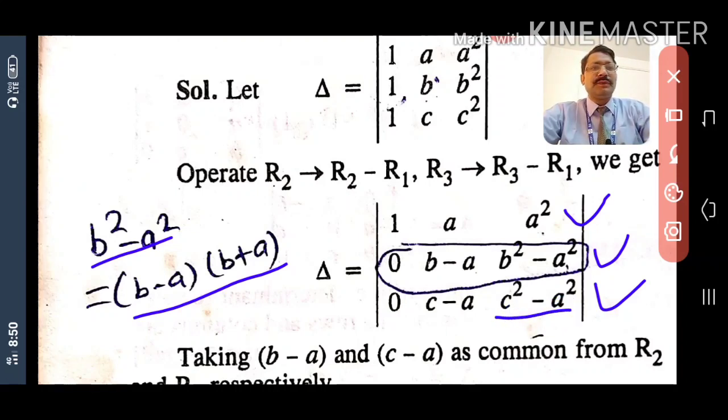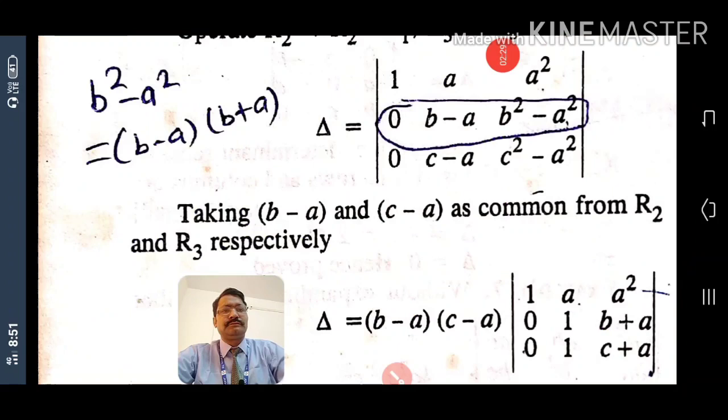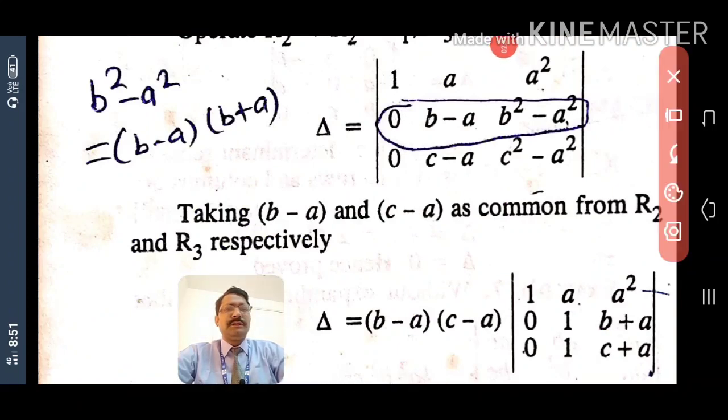So look here, from the second row you have a common factor. What is common here? b minus a is common, and in the third row, c minus a. So taking b minus a and c minus a common from R2 and R3, after taking the common, b minus a and c minus a are outside, and the first row is as it is.